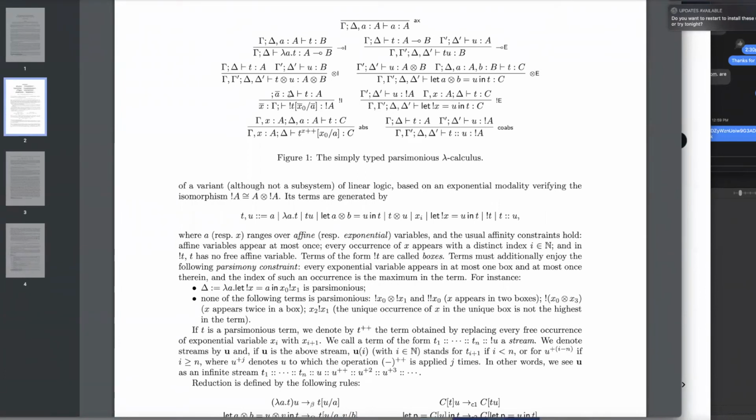That seems reasonable. So A is some vector of types. And it looks like the delta is what's being used for the affine part, and the gamma is being used for the exponential part. So sorry if I got that backwards earlier. So when you say vector, you mean A0 and 1 and 2? Yeah, exactly.